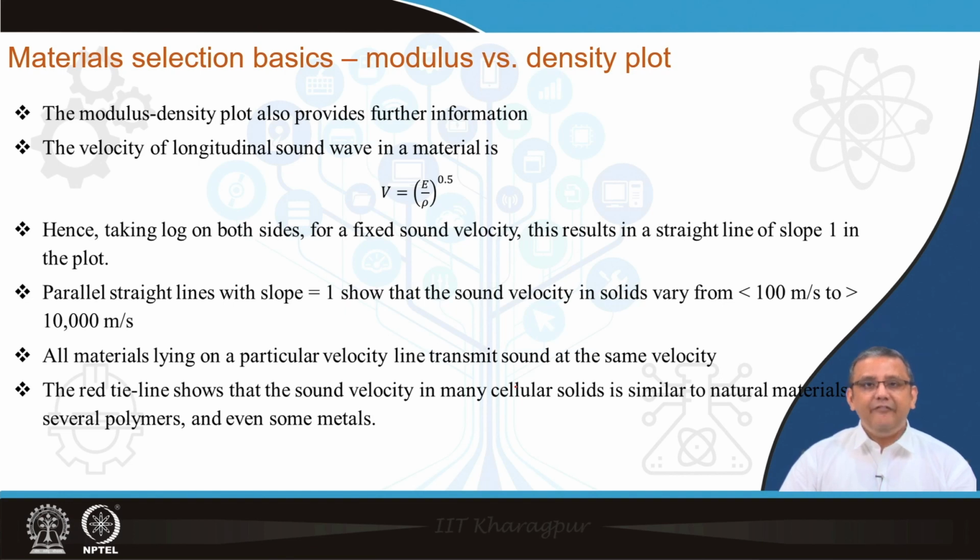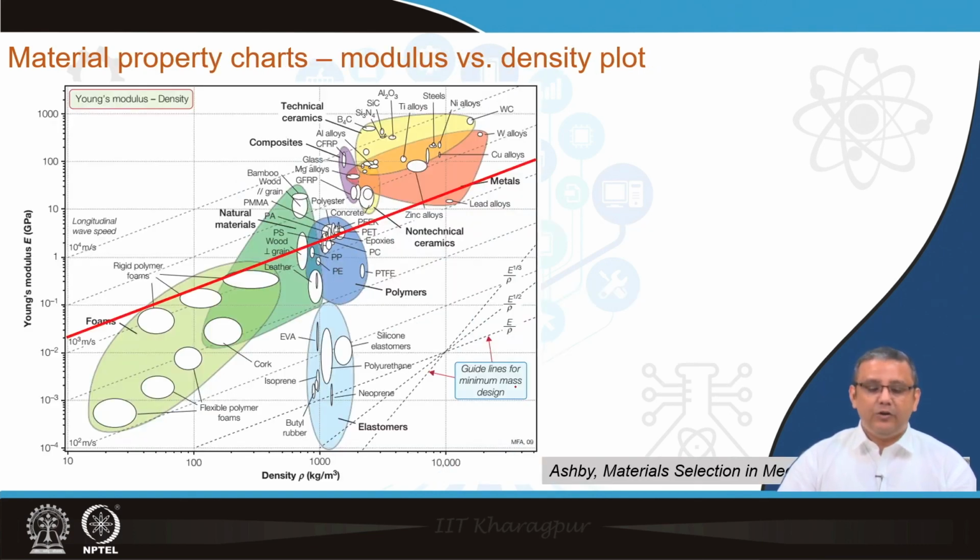This equation shows us that if, in the double log plot of Young's modulus over density, we draw contours of straight lines having a slope of unity, we get the lines of constant velocity, because it is E over rho, and that has been done in the next slide.